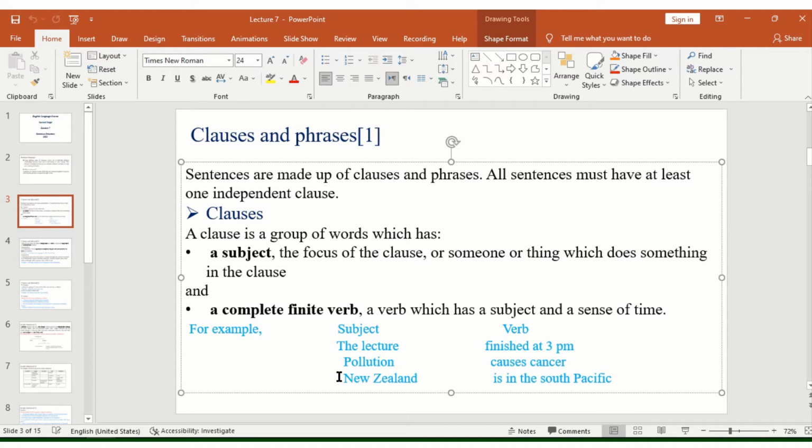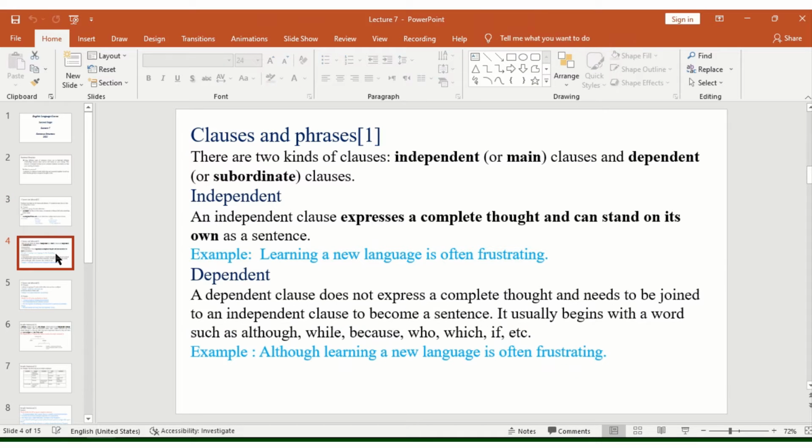New Zealand is in the South Pacific. So these are clauses. There are two kinds of clauses, independent or main clauses and dependent or subordinate clauses.